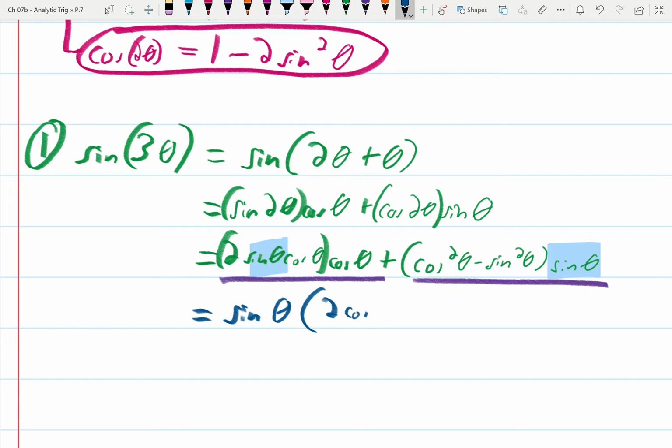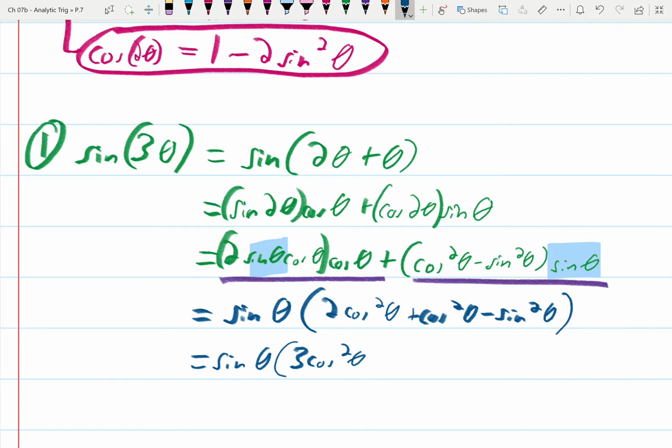2 cosine squared theta plus cosine squared theta minus sine squared theta. And the only other way to clean that up is just to add like terms. 2 cosine squared theta plus cosine squared theta is 3 cosine squared theta, and still minus sine squared.